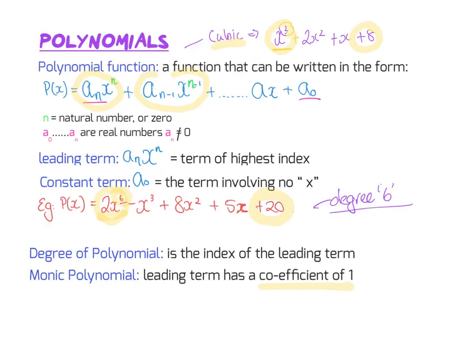An example of a monic polynomial is the one I've written up here. This cubic is a monic polynomial because in the leading term, the x cubed, it's assumed there is a 1 there.